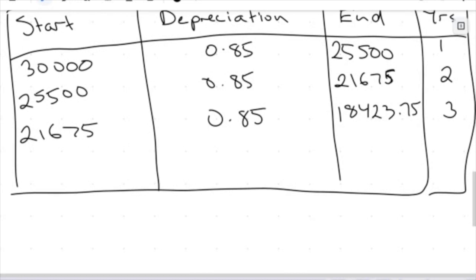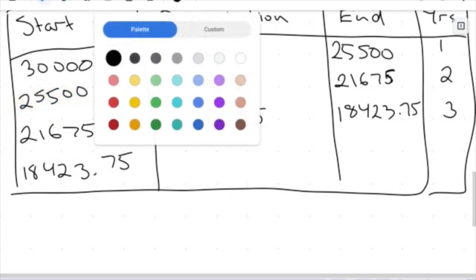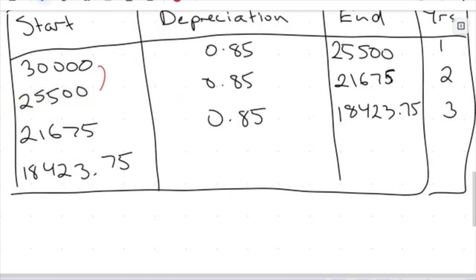At the end of my third year, I have this much, 18,423.75. Nice. So let's just look at what we've been doing each time. We got from 30,000, we multiplied by 0.85 to get to 25,500. So to get from here to here, I multiplied by 0.85.